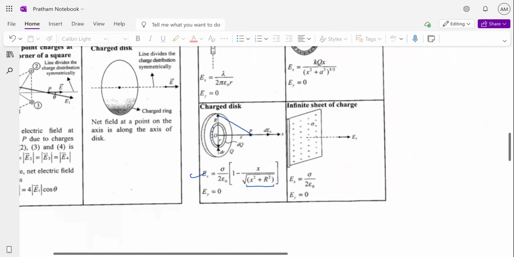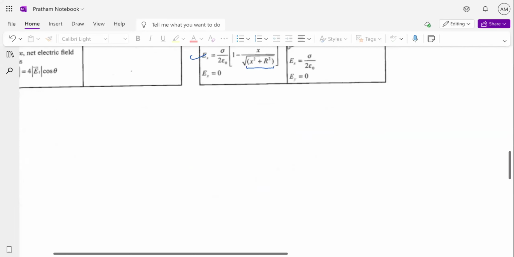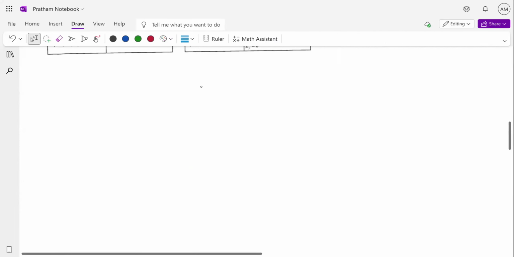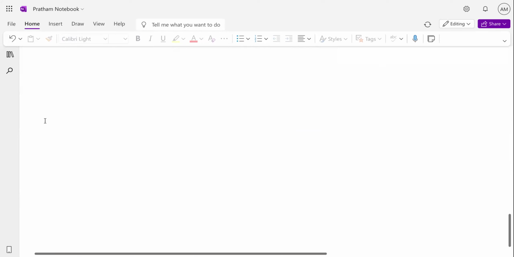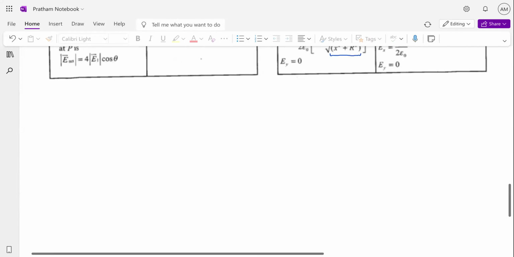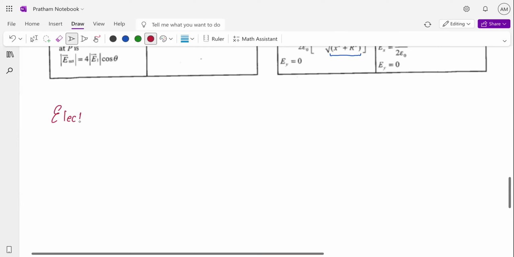All right, so today I'm going to start with the electric dipole. Clear? Yes, sir. So what is an electric dipole first? By the definition, by the term, what do you understand by the electric dipole?